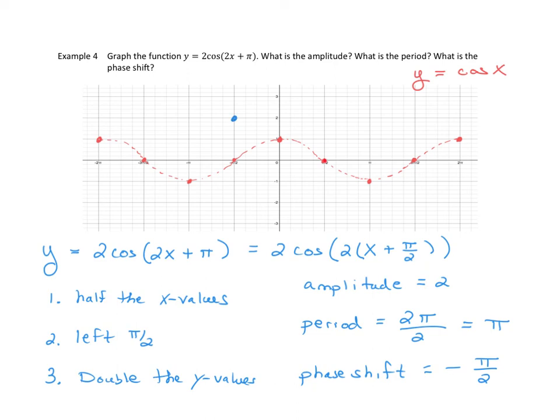Next, I'll work with this point. This is at pi over 2. If I take half of it, I get pi over 4. If I move to the left pi over 2, that's moving pi over 4 twice, and I'm here. I then multiply the y value by 2, but since the y value was 0, it stays right at 0.